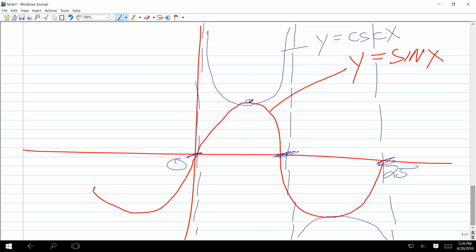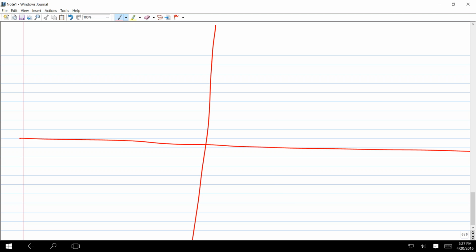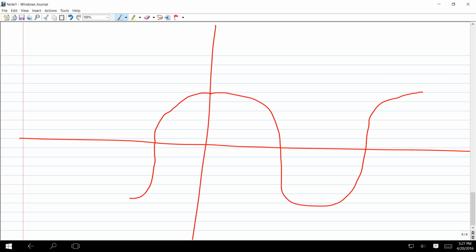Okay? Now, if I want to do secant, you don't have to do it this way. It's just I find it a little easier to start out with the cosine curve. And we'll put a full extra period on there. And that's y equals cosine x. So whenever cosine is equal to 0, I'm going to have a vertical asymptote.